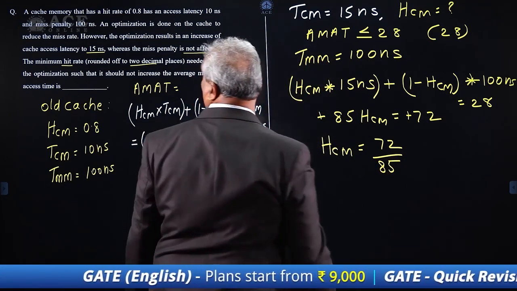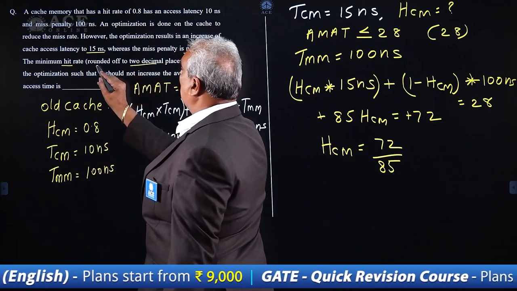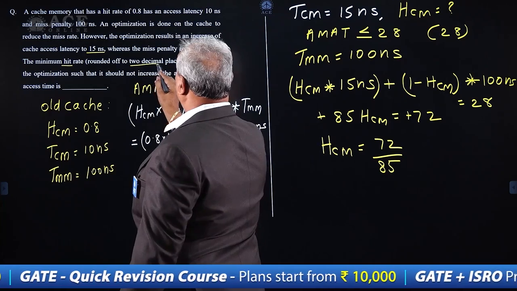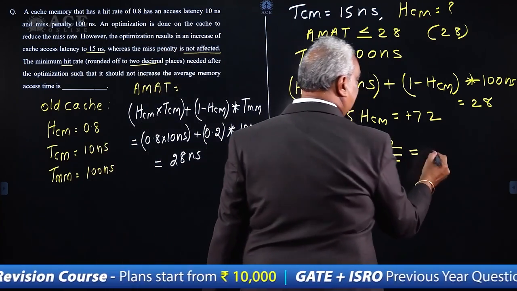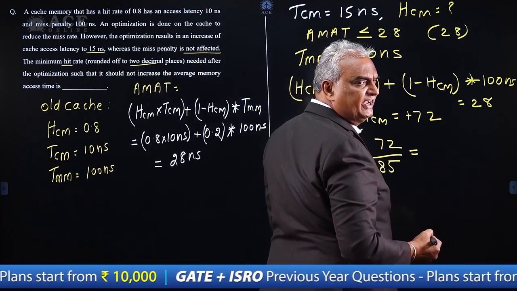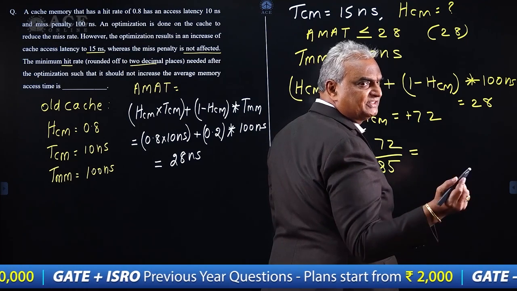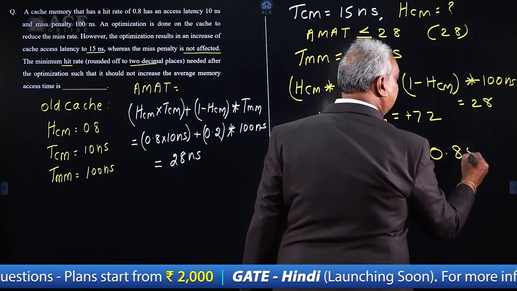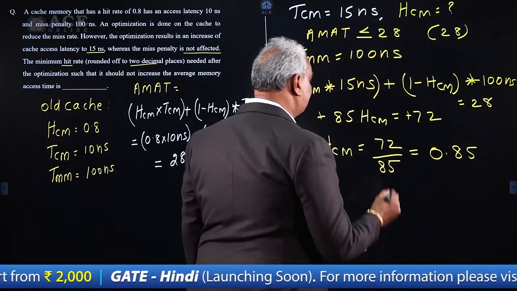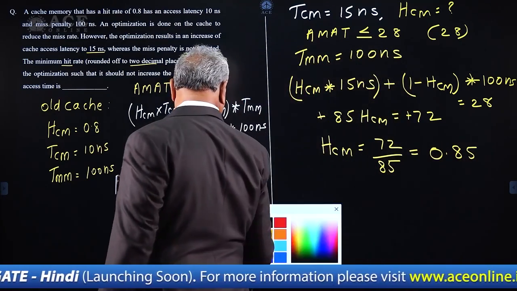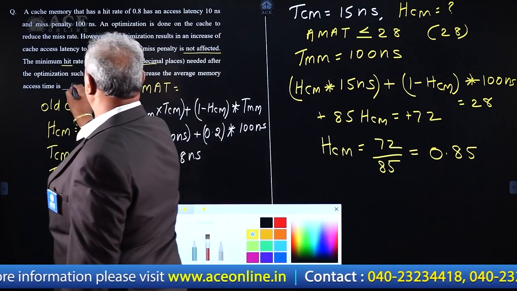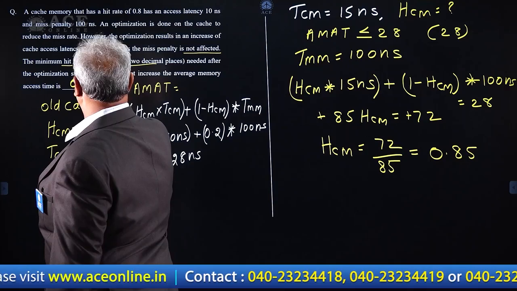What he asked here? He asked to round the answer to 2 decimal places. So its value, we are getting 0.847 something. So nothing but 0.85, because he asked to round off the answer to 2 decimal places. So what about the answer here? 0.85.